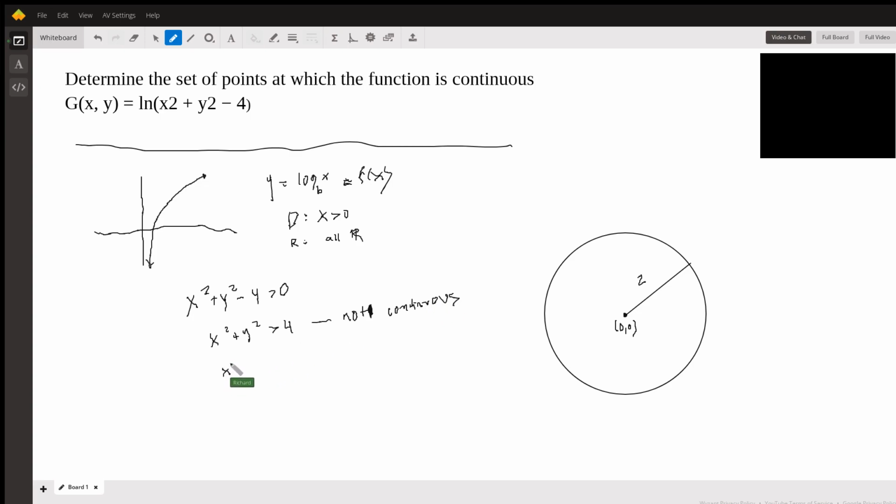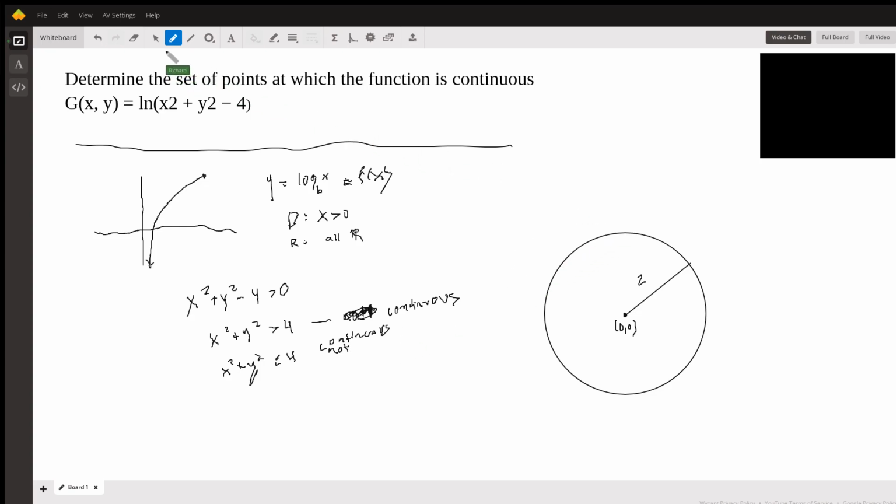But when x squared plus y squared is less than or equal to 4, it is continuous. Oh, maybe I have this backwards. Let's see, it's defined there, so I have it backwards. So it's not continuous here.